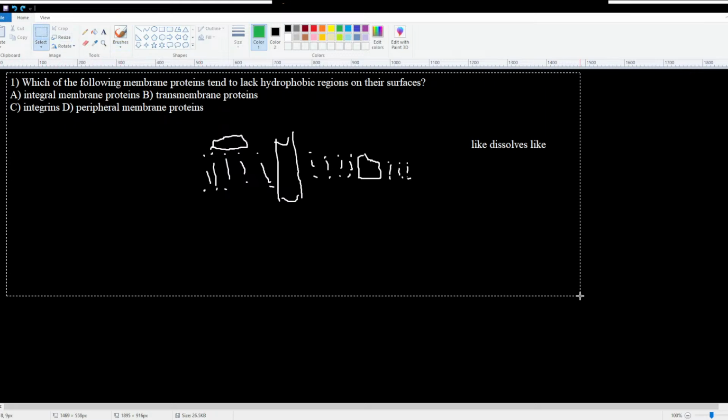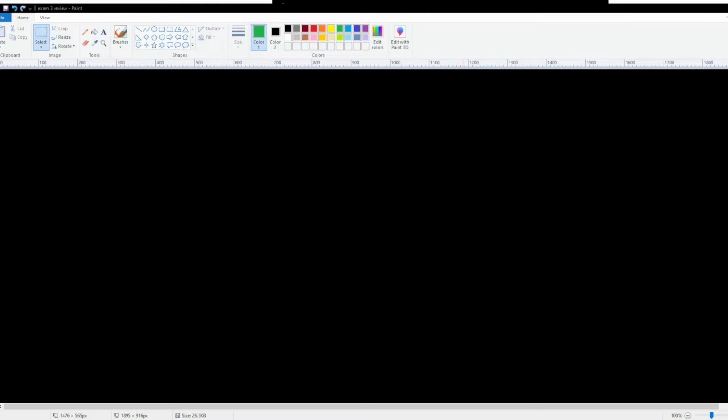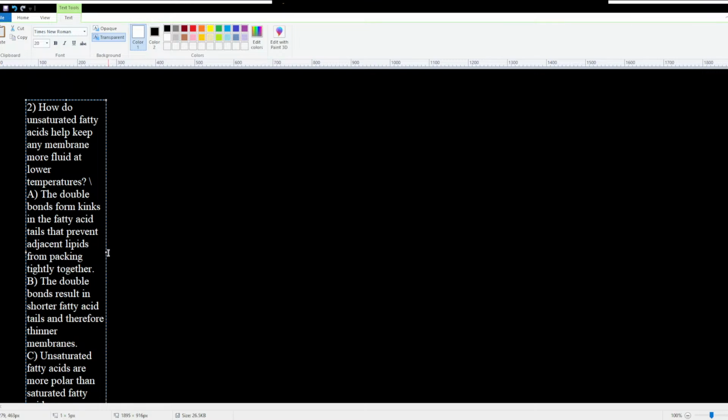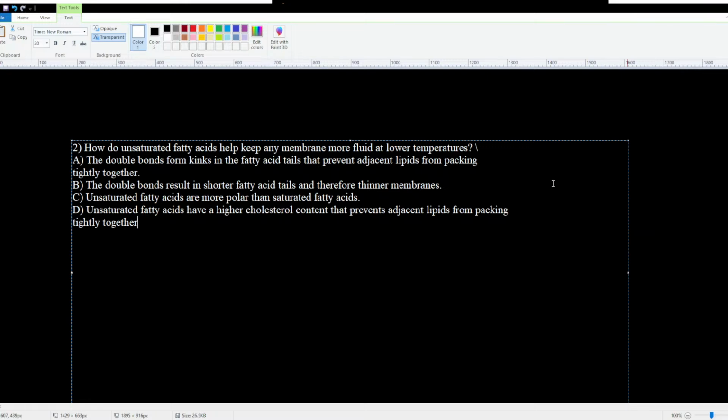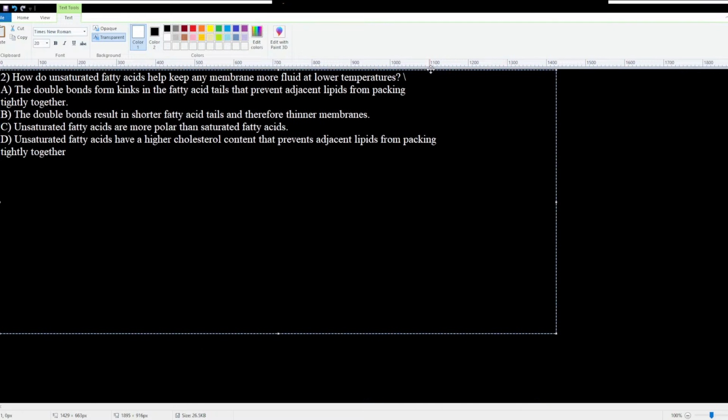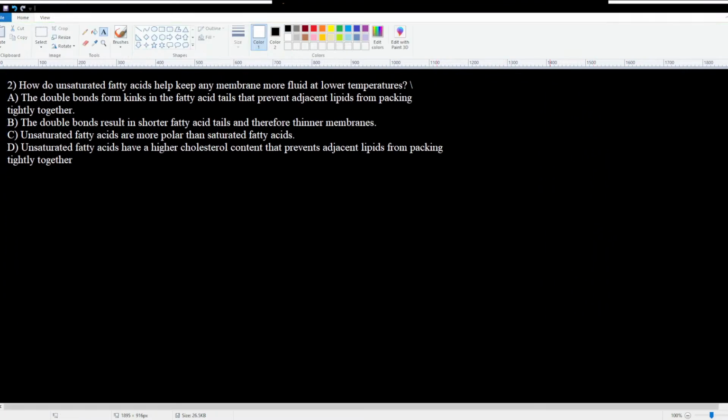So let's move on. So let me pull up question 2. Okay. So question 2 is asking how do unsaturated fatty acids help keep a membrane more fluid at lower temperature?